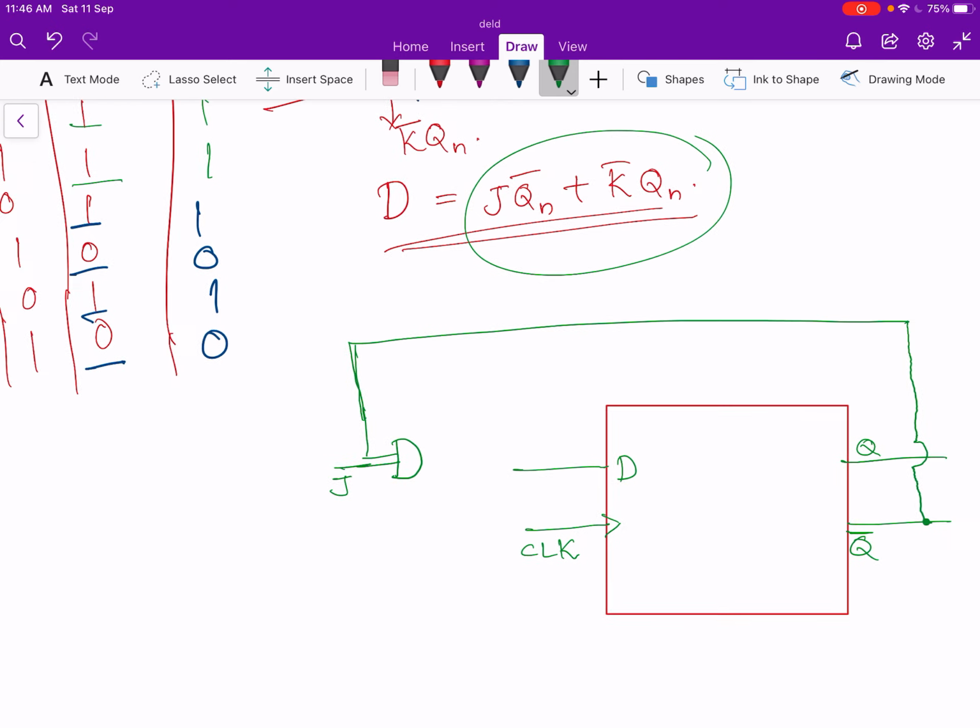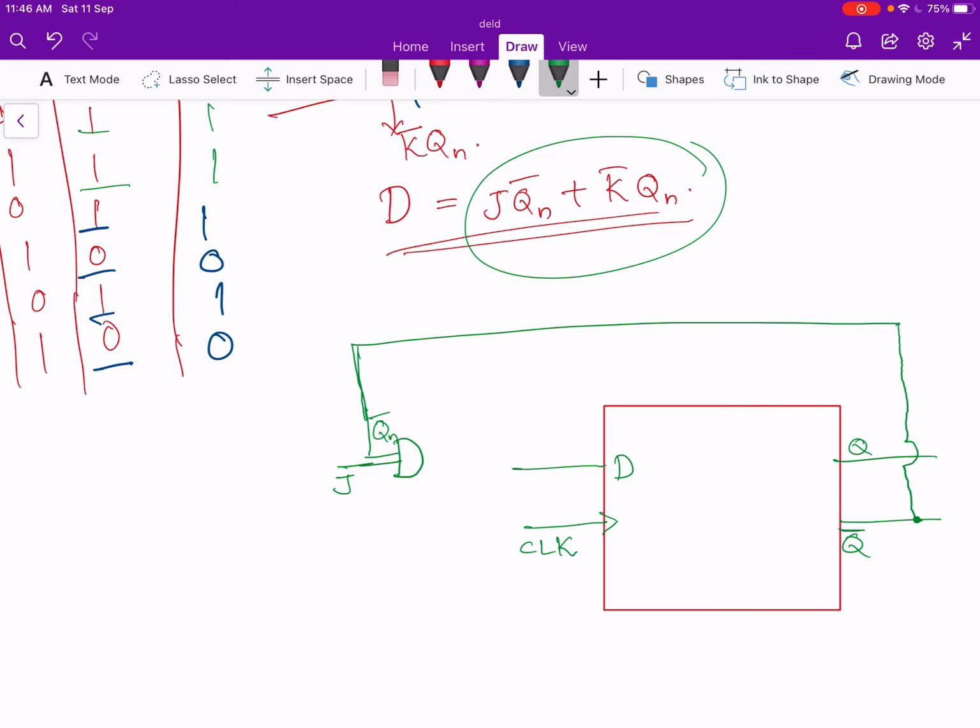So this is Q bar or Qn bar, and next is K bar Qn. So I can take the K input and invert it and give here, so that this becomes K bar, and I am giving Qn, or in general this is the Q output. So based on the present state and the inputs and clock, we will get the next state Qn plus 1.